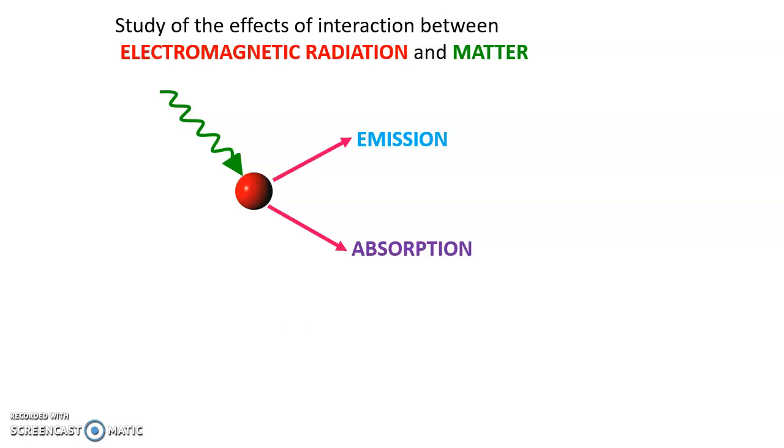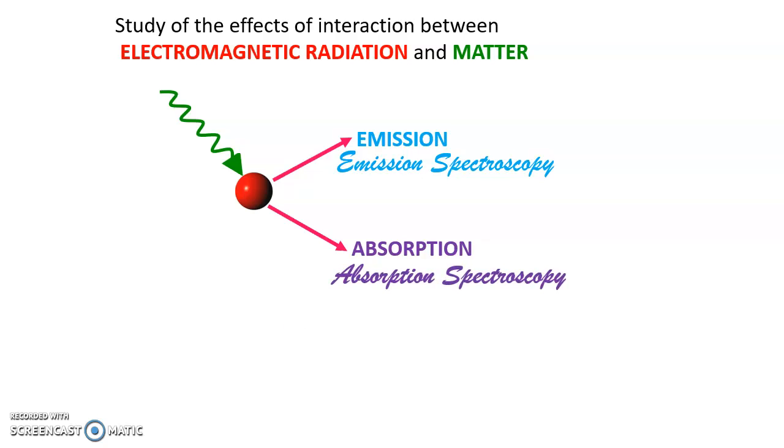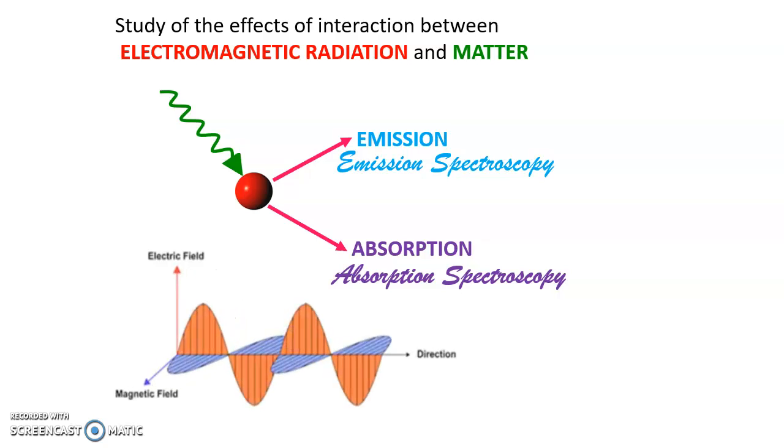The spectroscopic studies related to emission are called emission spectroscopy, and those related to absorption are called absorption spectroscopy. And we know that the electromagnetic radiation which we use is associated with an oscillating electric field and magnetic field, which are perpendicular to each other, and both of these are perpendicular to the direction of the radiation. We have seen this also.